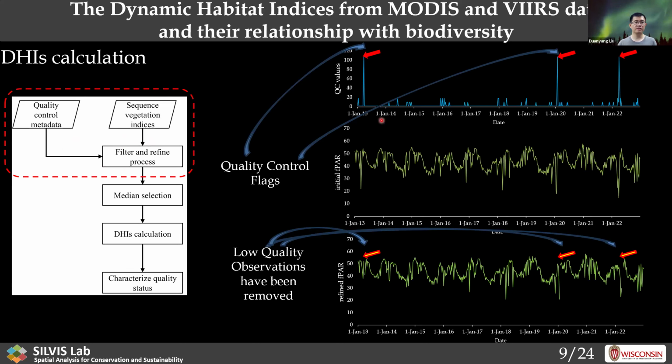For example, in the right figure, this is the quality control flag over the 10 years, and this is the original input FPAR time series. Here on the right, they label that those observations at this time have very low quality, or maybe are all covered by cloud. And then we remove those values and get the high quality results over here.